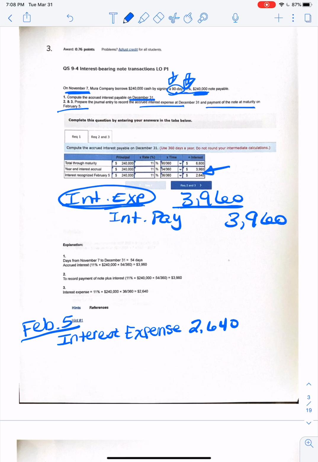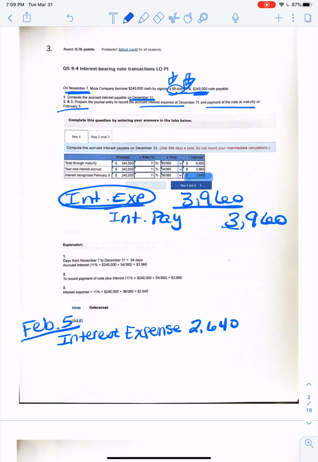And because of that, I know this cannot be what we see here. So in this case, the interest expense has to match the next period. And that's exactly what we'll see. We see now the interest expense that we're using is this $2,640 that is associated with the period from December the 31st, or really January the 1st, through February the 5th. And that's what we see there.